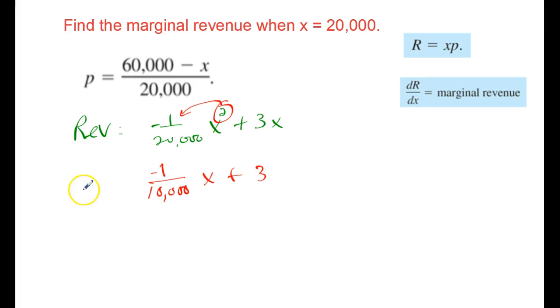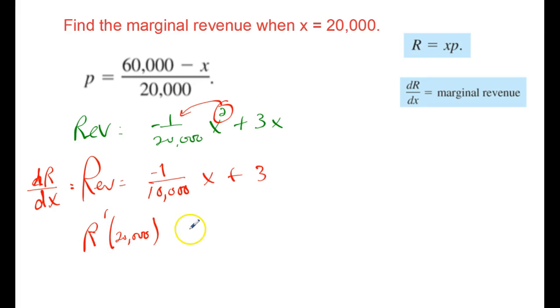And then if I evaluate the revenue, which sometimes is denoted as dr over dx with respect to x. Now I'm going to evaluate r, the revenue, at 20,000.